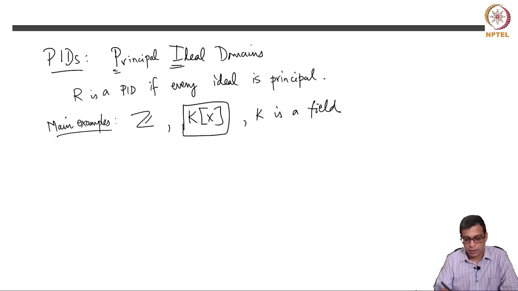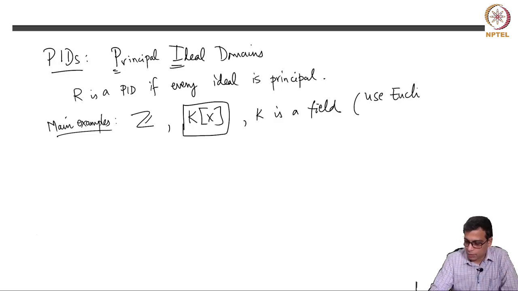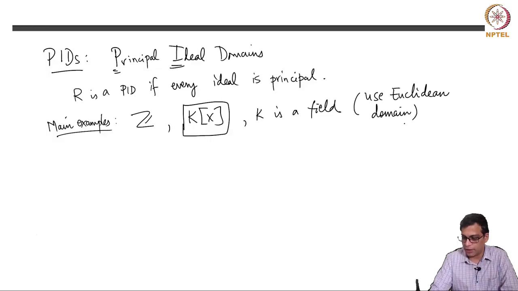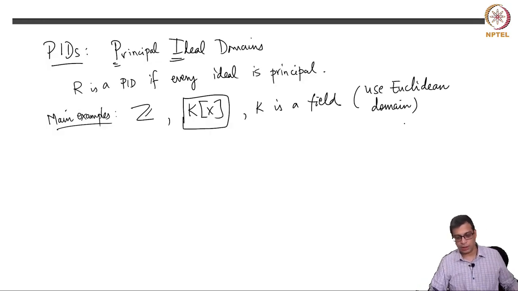The key idea here is to use Euclidean division. In the case of integers you take the least positive number in that ideal. In the case of polynomial rings in one variable over a field, you take the polynomial with the least degree in that ideal, and then you apply the division algorithm and conclude that those elements generate those ideals.